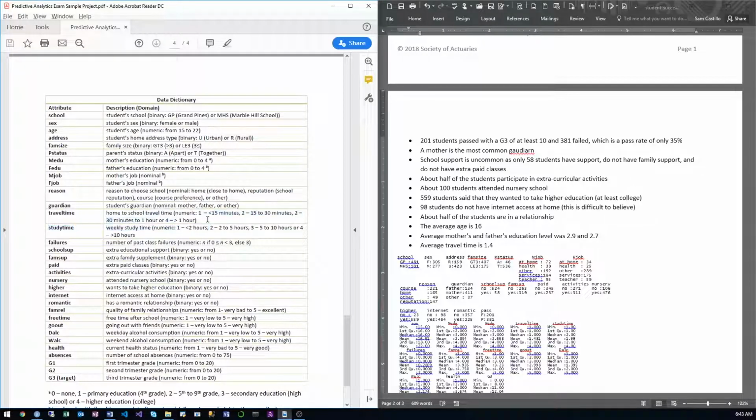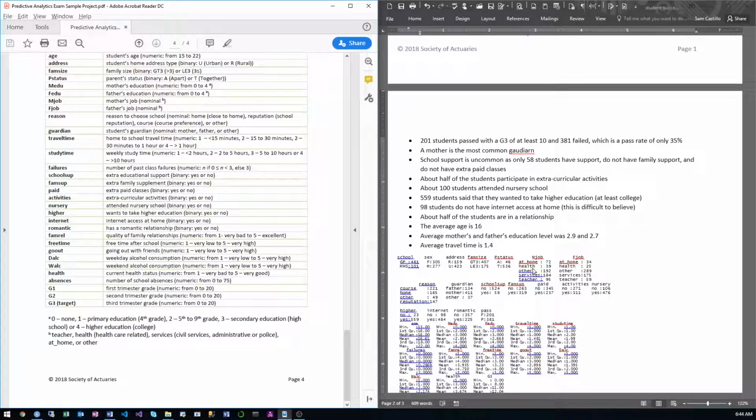And that means that they could be used in a model either as a numeric value or as a factor. If they were out of order, like if 1 referred to 1 hour to 2 hours, and 2 referred to 15 minutes to 1 hour, then they could not be used as numeric. They would have to be used as a factor. But because they're in an increasing order, it will work to use them as a numeric value.